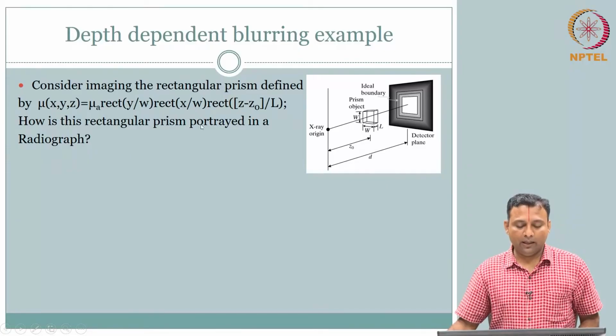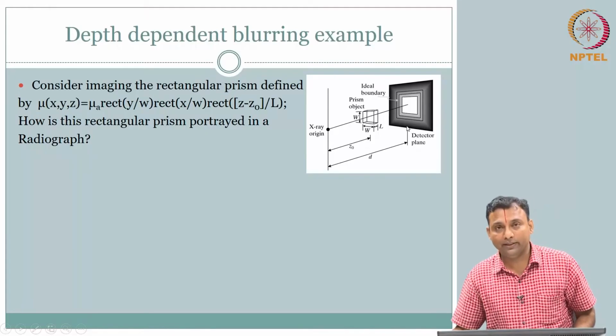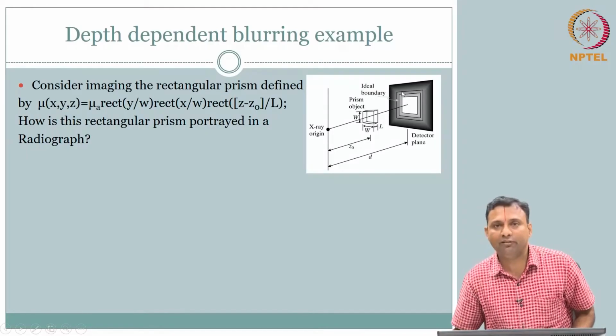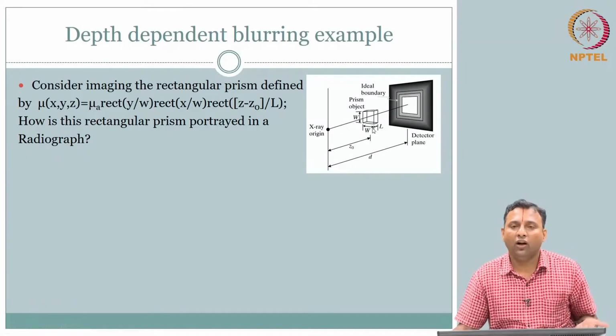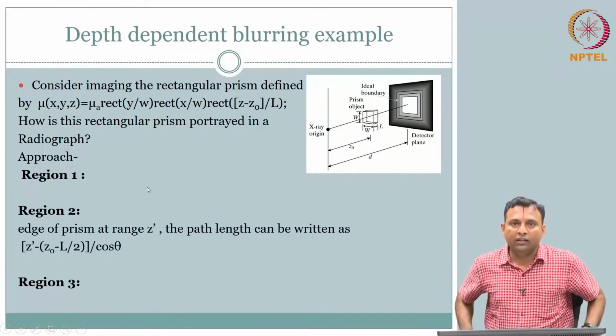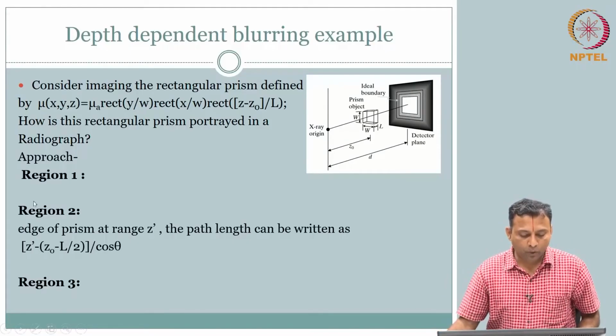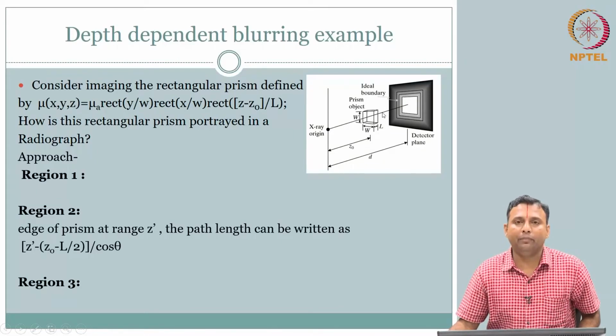So how is this rectangular prism portrayed in a radiograph? It is going to be portrayed like this. Visually you can see what it is, and you probably can appreciate the effect, but we need to write this out in terms of the imaging equations that we already have. So what are the three regions that you are going to have? The straightforward one, no problem, is the region where the X-ray goes through the entire prism.